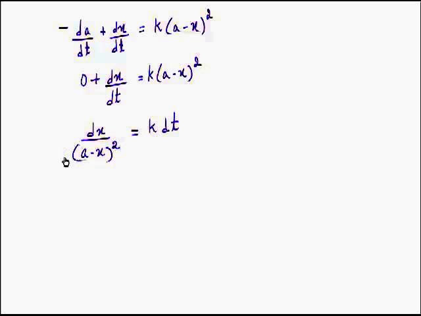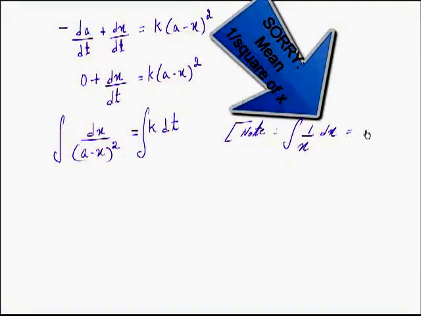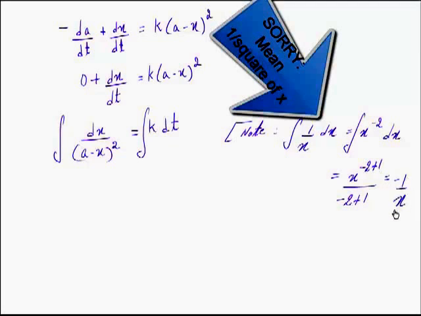This is what we get, and if we integrate it, now I'm sure all of you know that the integral of 1 upon x square with respect to x can be effectively written as the integral of x raised to minus 2 with respect to x, and the integral of x raised to n is x raised to n plus 1 upon n plus 1, and therefore I can write this as x raised to minus 2 plus 1 upon minus 2 plus 1, which is effectively x raised to minus 1 upon minus 1, which can be written as minus 1 upon x.